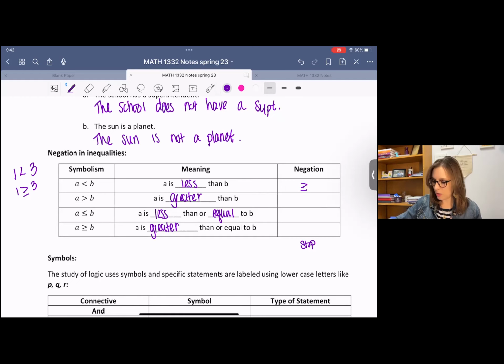Greater than becomes less than or equal to. Less than or equal to becomes greater than. And greater than or equal to becomes less than. The thinking behind that is, if something is not less than, then it could be greater than or equal to. That's why you have to change both.